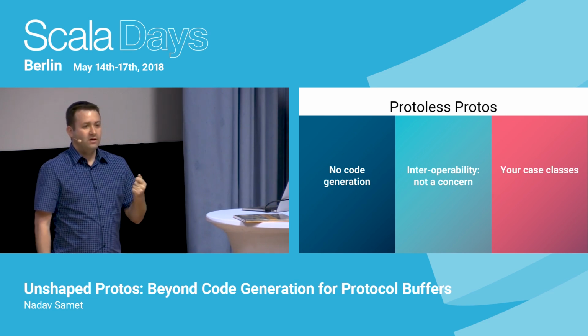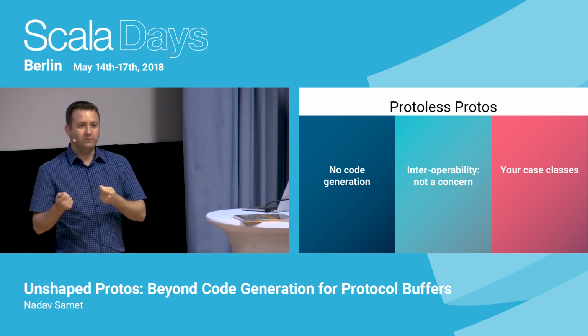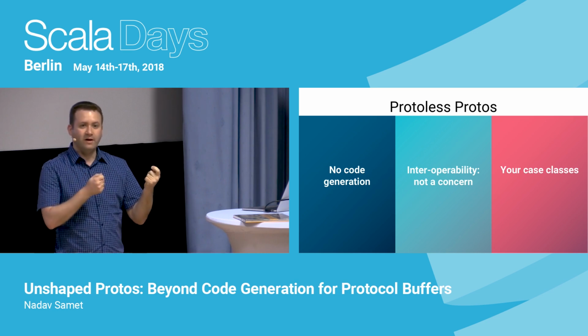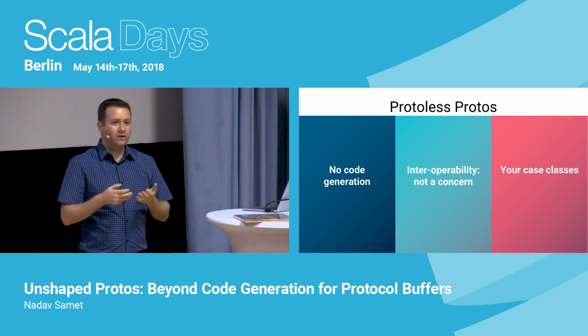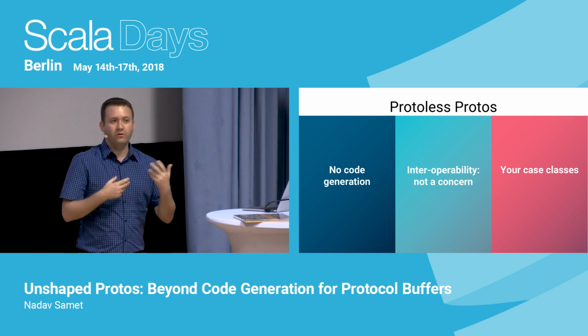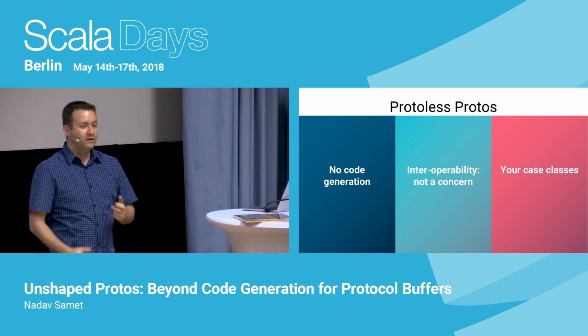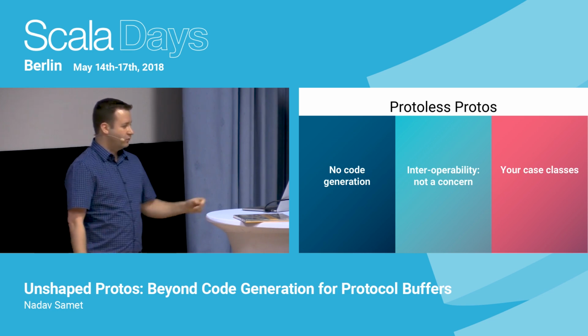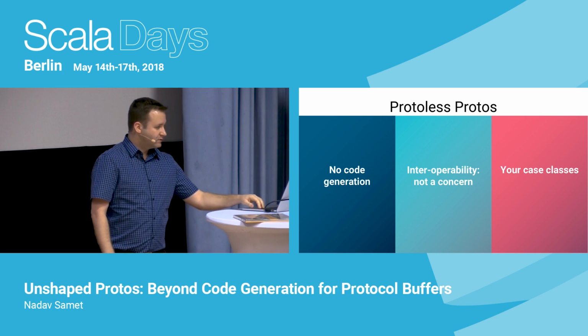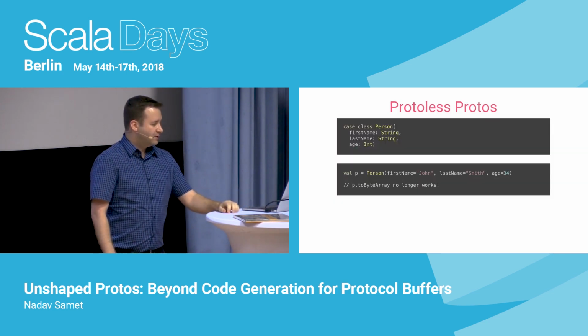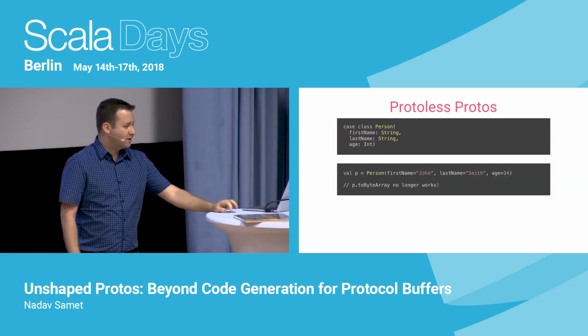And finally, when you don't generate code, but actually your code is the schema, then you get control over the case classes. You can add your own methods to them. They don't have to extend some base class that you get from the library. You're basically in control of the code. So the approach might look like this. We start from a case class.